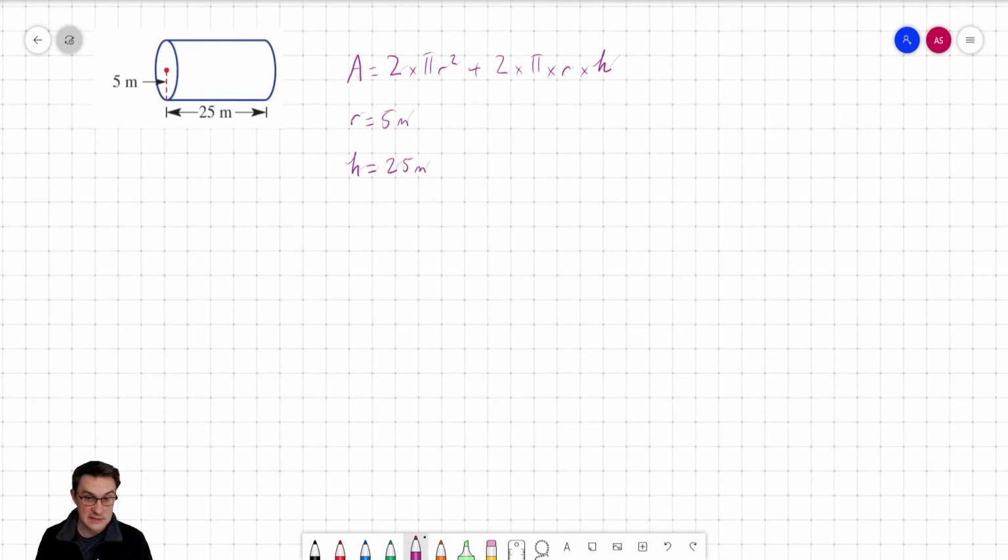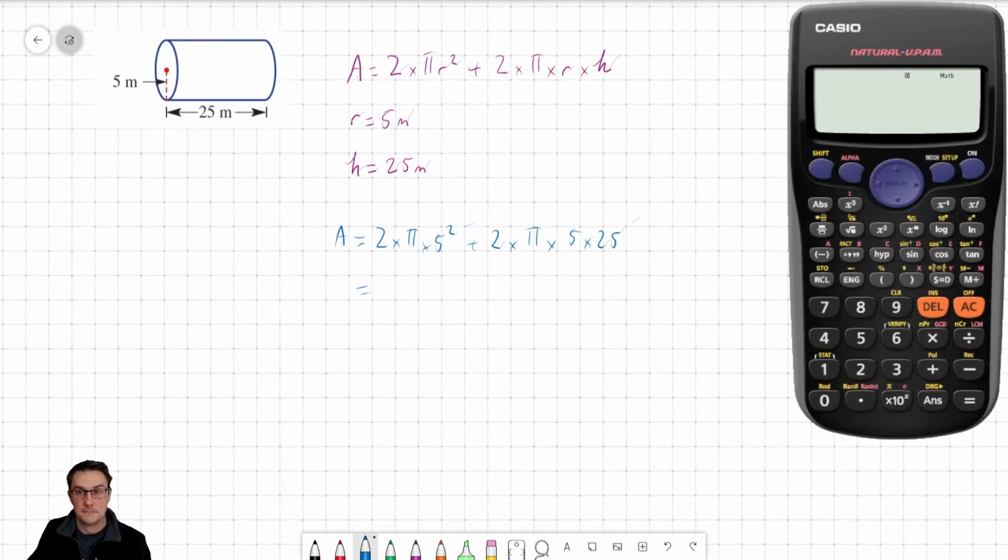Based on this, we just substitute it in. The area is going to be equal to 2 times pi times 5 squared plus 2 times pi times 5 times 25. We can then type this into our calculator: 2 times pi times 5 squared plus 2 times pi times 5 times 25.